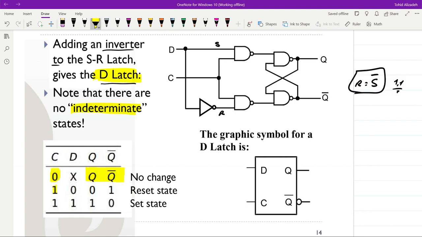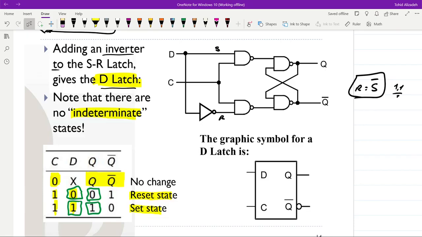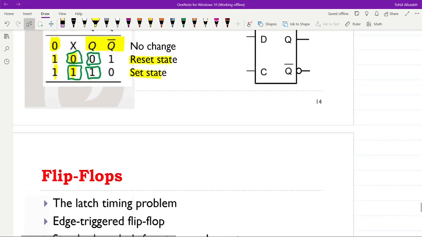But when C is equal to 1, then depending on the value of D, whether it's equal to 0 or 1, we will have the reset state or we will have the set state. Q will be equal to 0 or Q will be equal to 1. So keep in mind here the relation between D and Q. When D is equal to 0, Q is equal to 0, and when D is equal to 1, Q is equal to 1. So basically Q here, or the state of the latch, is following the input, which is D. So this is the clocked D latch for us.